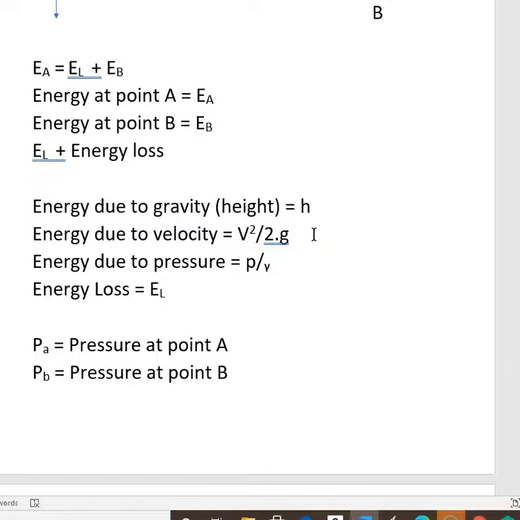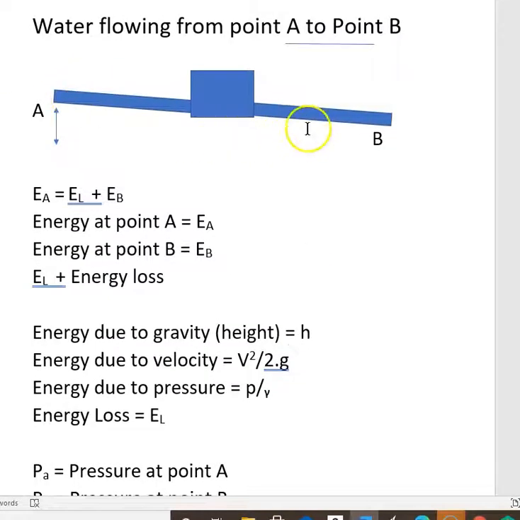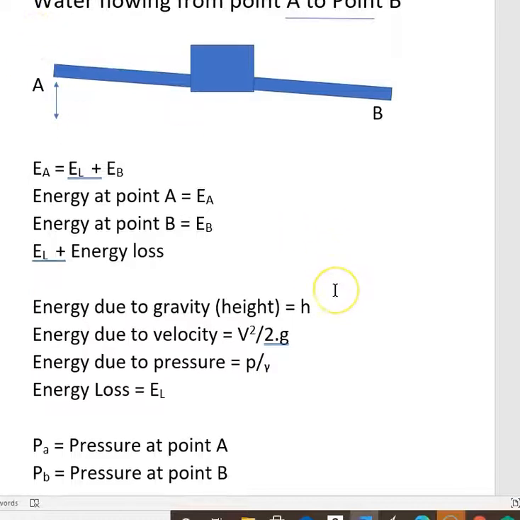Now, assuming these conduits are flowing full. If they are not flowing full, we don't have pressure, then we need to have open channel flow. But in most cases, these conduits would be flowing full, because in large reservoirs there's a big pressure head.